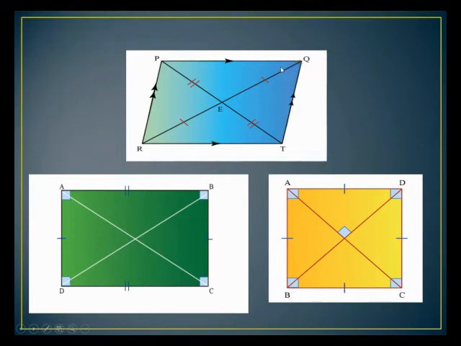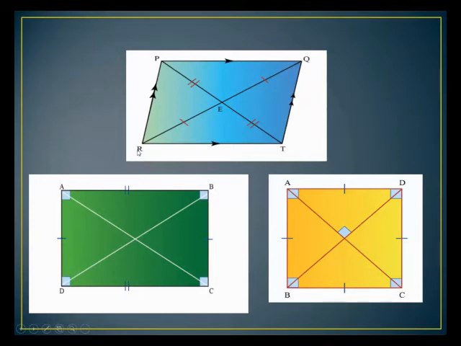Any two adjacent angles of a parallelogram are supplementary. Adjacent angles are two angles which have a common arm. The adjacent angle of angle P is angle R, and the adjacent angle of angle P is also angle Q, because they have a common arm.